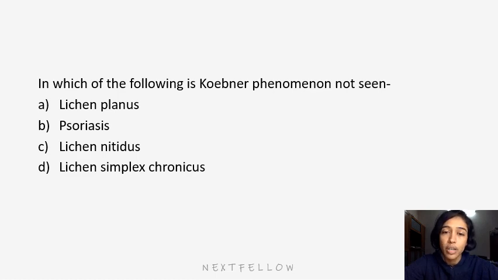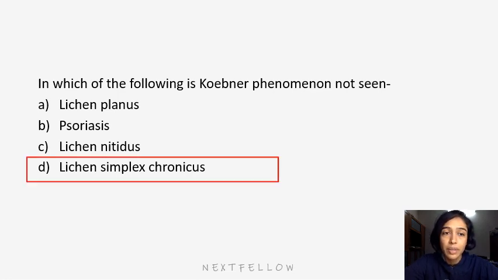You may see it on the trunk, on the elbows and knees, on the buttocks as well. There's no specific cause for why it occurs. Lichen simplex chronicus also means eczema. It's just a well-circumscribed discoid eczema. So the answer is lichen simplex chronicus because eczema does not follow a Koebner phenomenon.